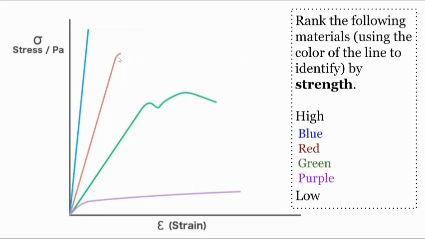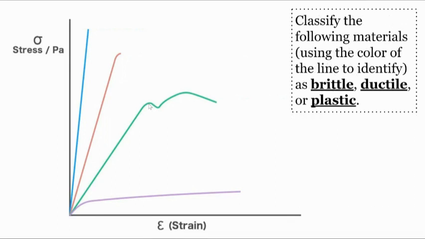Brittle materials are designed based on ultimate strength, the point at which they break or fracture, whereas for ductile materials, engineers generally design and use materials based on their yield strength, this point, because for ductile materials, they don't want any of this plastic deformation to occur.